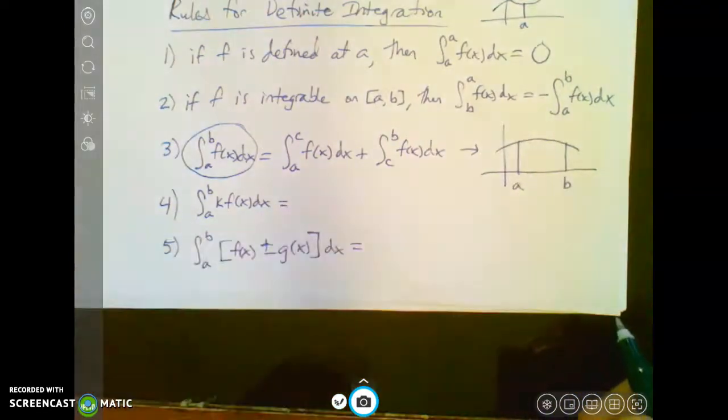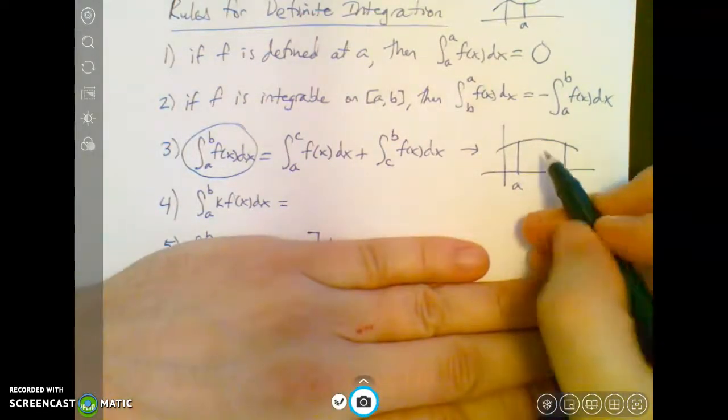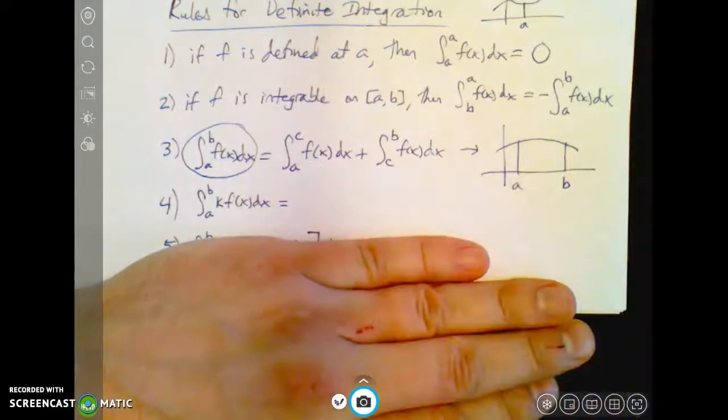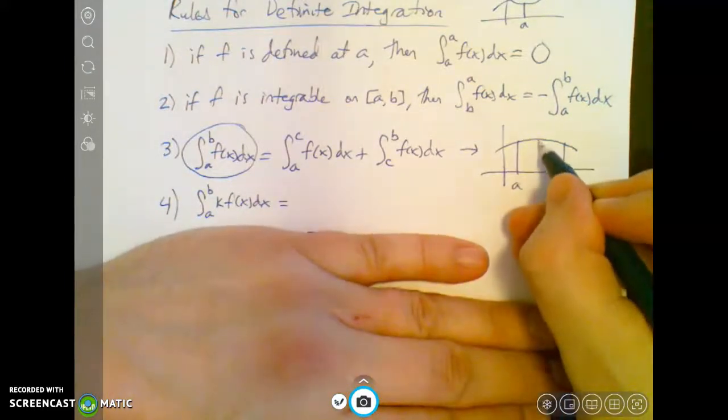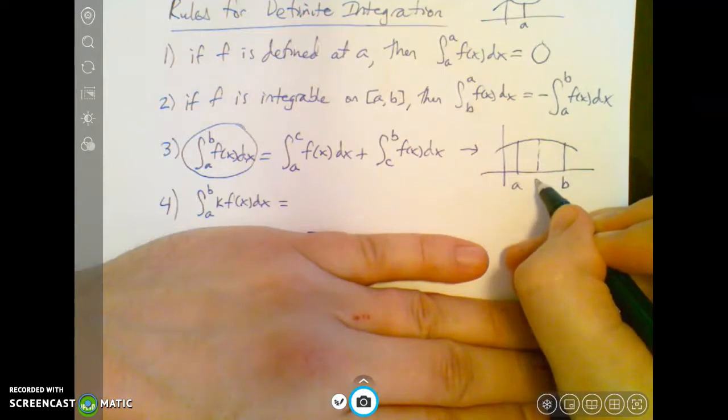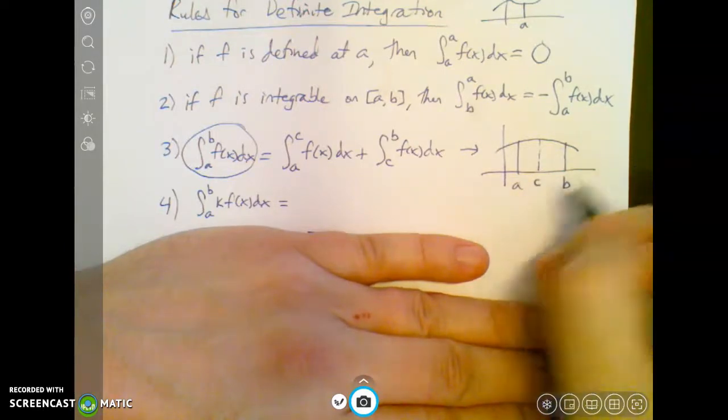So I can say, okay, the area under this curve from a to b is the same as if I found a point C somewhere in between. It doesn't have to be in the middle. It can be really close to one side or the other.